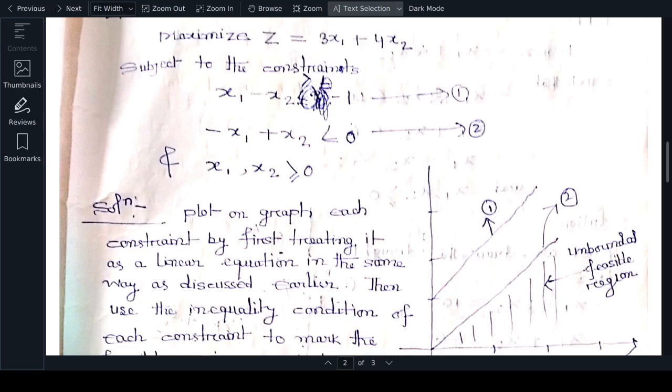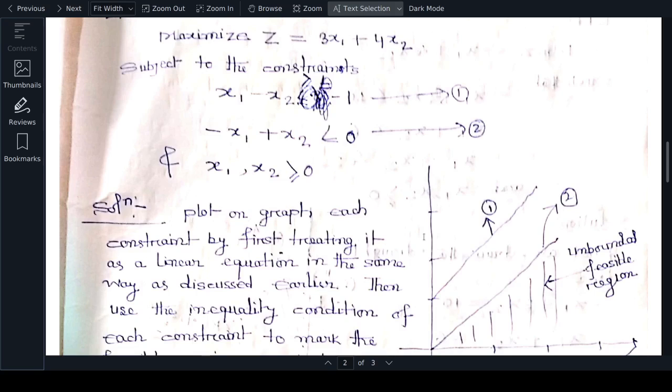Negative 1 we will not draw the line. So only in the first quadrant the line always lies, why? Because x1 and x2 are greater than or equal to 0. Only consider the positive ones for the x1 and x2 axes.